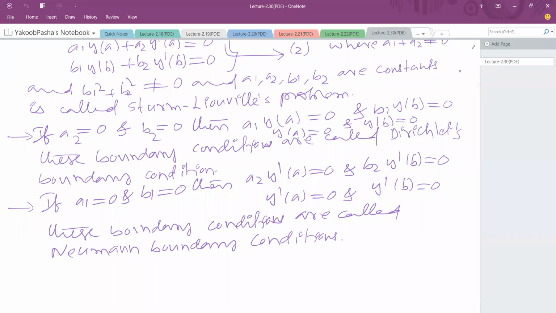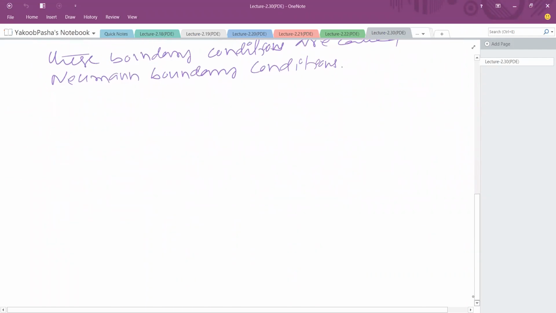Now I am taking the simplest form of the boundary value problem, the simplest form of the SLP.